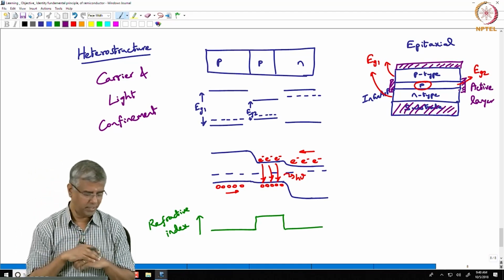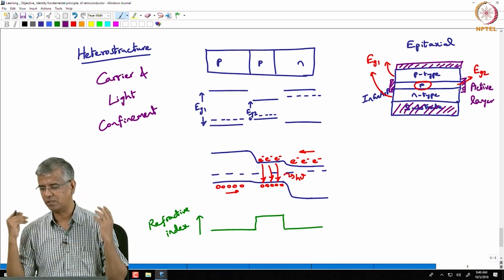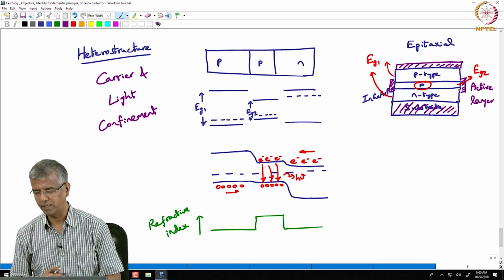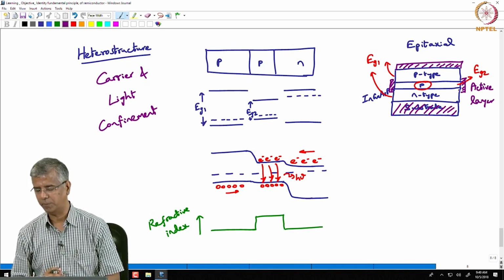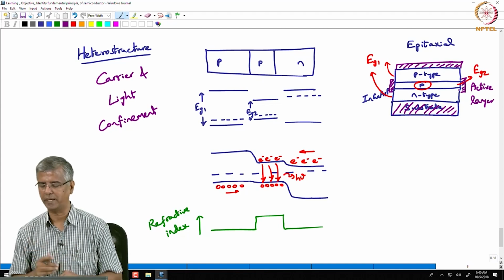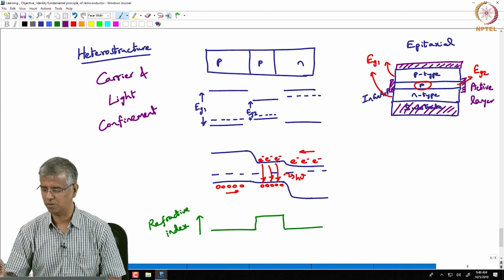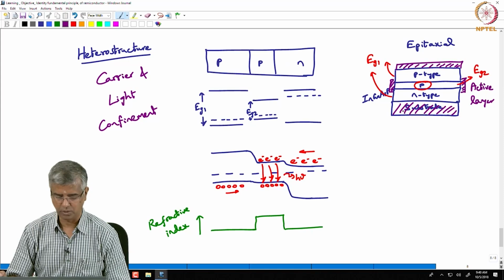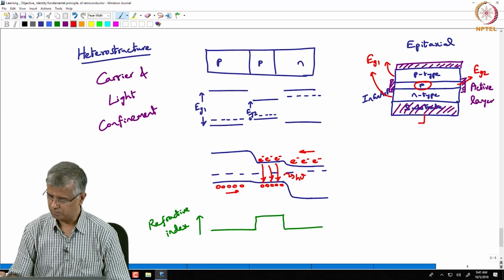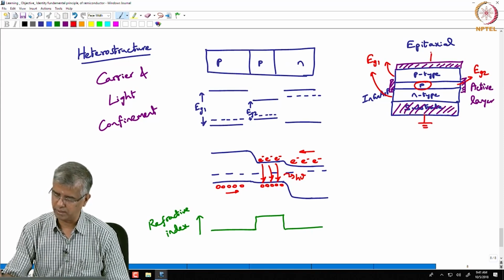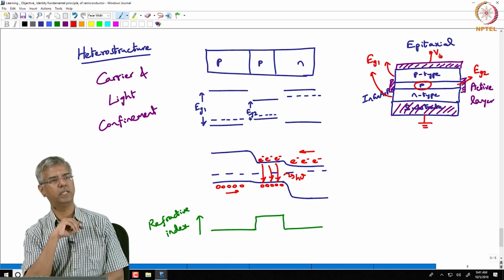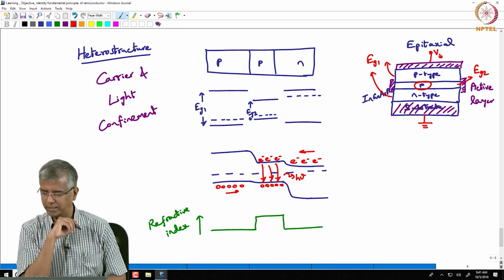Okay, so enough about structures and all that. Let us go ahead and try to put some current through this and see what happens. So, what we are essentially saying is, let us say you ground this, and you apply some bias to the structure. What happens in that case?